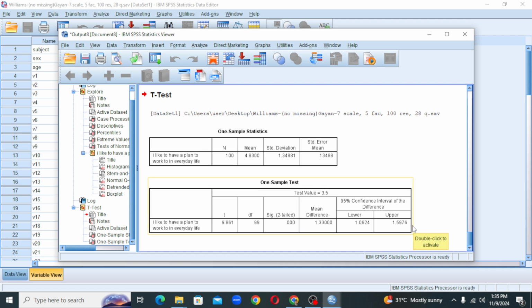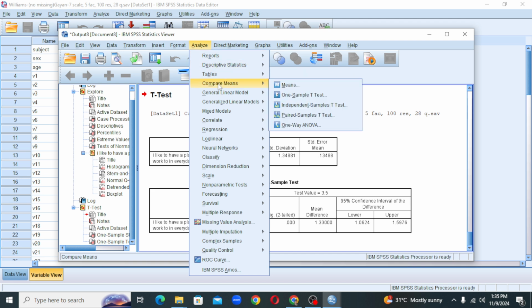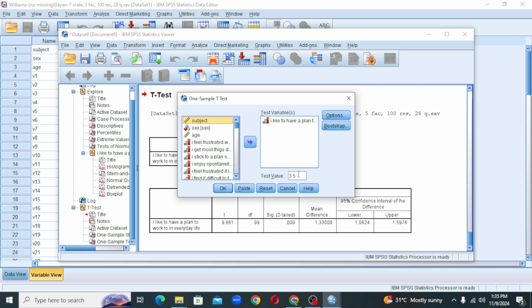Even if both the lower and upper bounds are on the negative side, that also gives significant results. That means the mean is not equal to 3.5. So we can run this analysis again: Analyze, Compare Means, One-Sample T Test, and here in this case we will be selecting 4.8 as our average value.